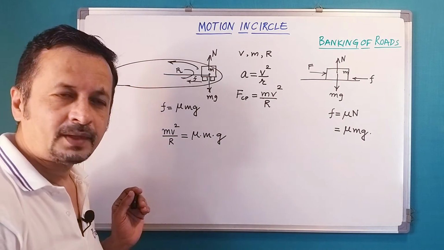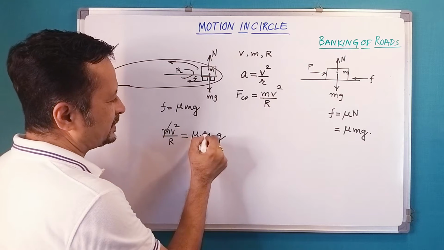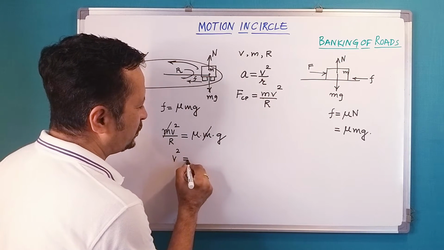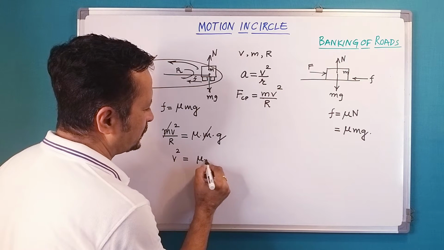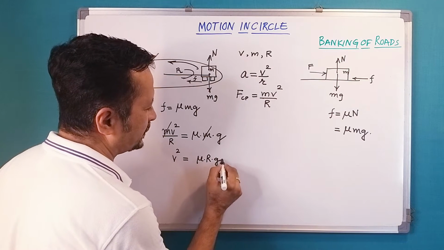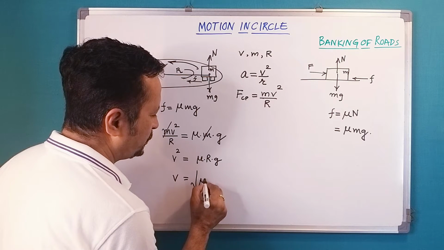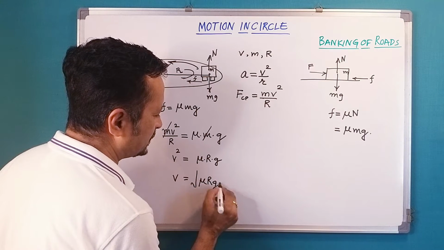Now cancel this m on either side, and your v square would be equal to mu into R into g, or v is equal to root over mu R g.